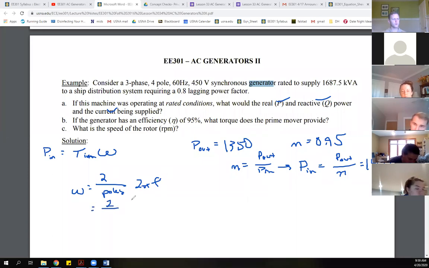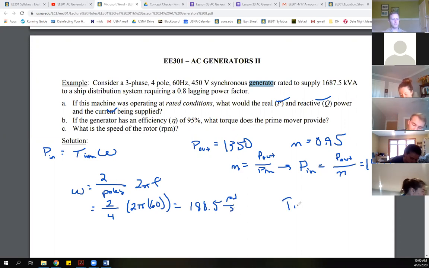The poles was 4. 2 pi 60. 0.5 times 2 pi times 60 gives me 188.5. That would be radians per second if you needed it.